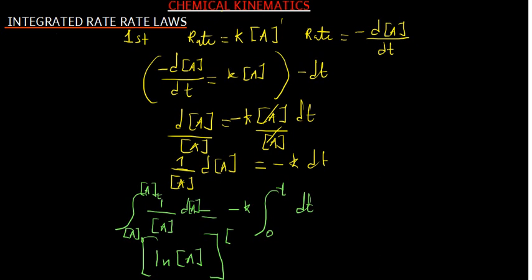So the upper limit is the concentration of A at a certain time t, the lower limit is the initial concentration of A, and that should be equal to negative K. Now here we've got a 1, though we can't see it, and when we integrate a 1 with respect to t, we are going to get a t, and then the limits, the upper limit is t, the lower limit is 0.